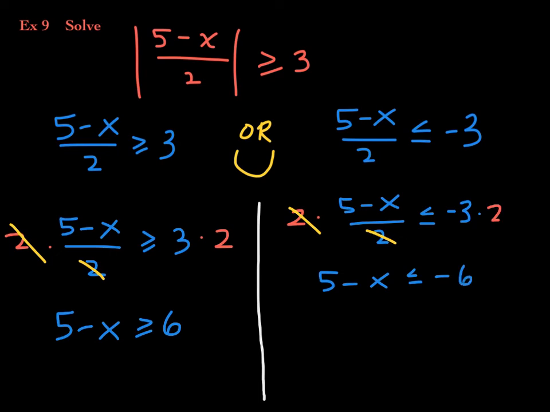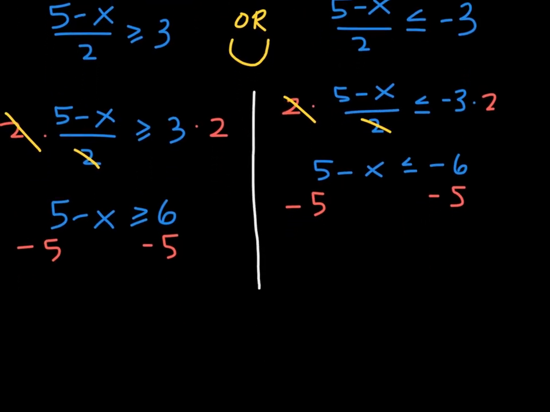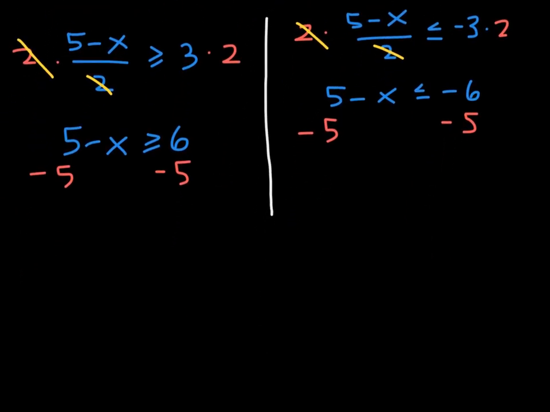On the left side here, I am going to subtract 5 from both sides. Same thing over here, subtract 5. What that gives me is negative x greater than or equal to 1. Over here, negative x less than or equal to negative 11. Now, I'll divide both sides by negative 1 on both of these.